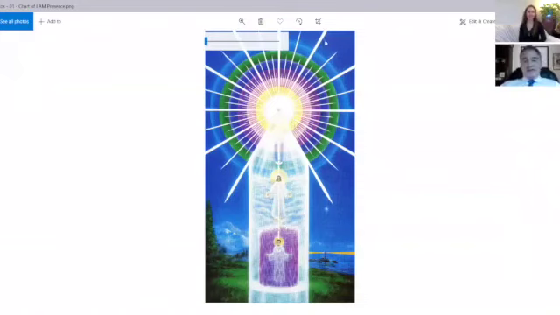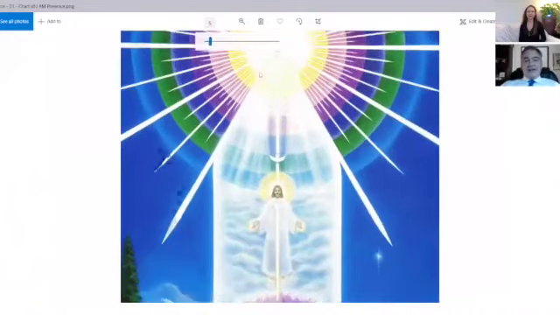And so in this diagram, we're looking at the source level of consciousness here in the upper figure in the planes of spirit. Down here is the planes of matter. And here at the very center is the I Am Presence.